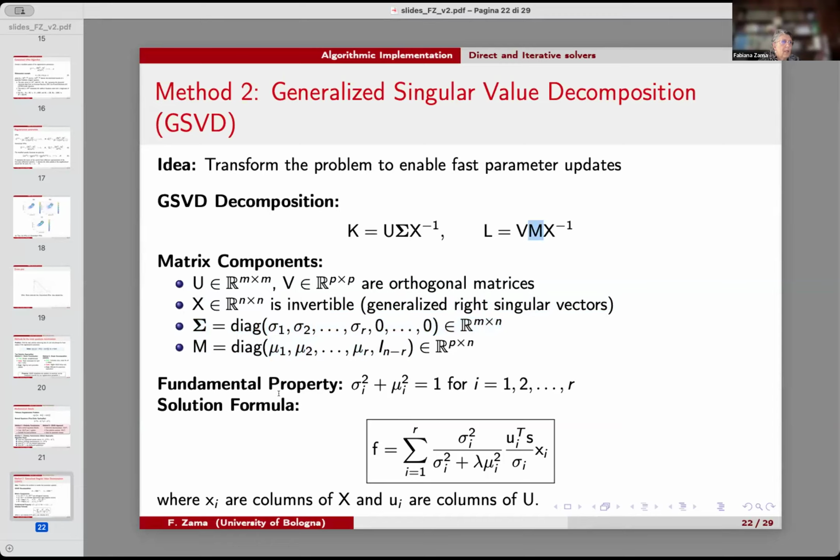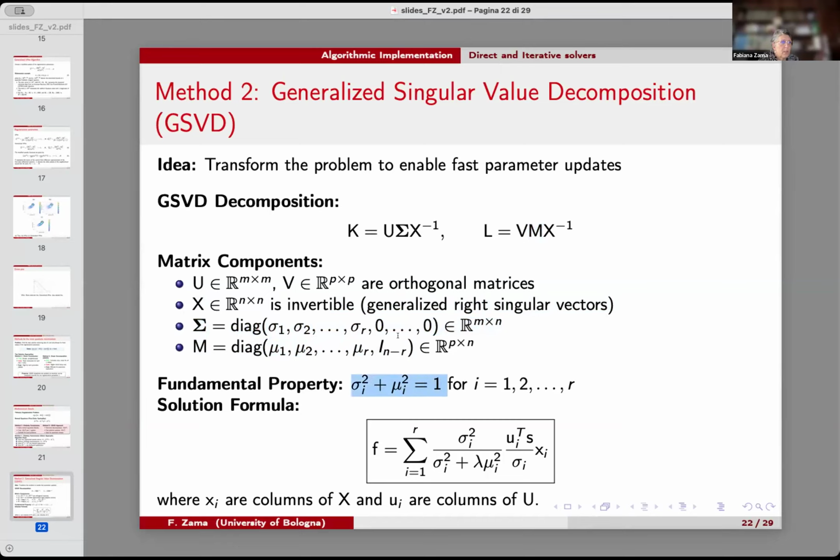Since this decomposition uses only the matrix K and the matrix L, we can compute it only once. This is the fundamental property. This is the reason why we have I here, because when sigma I is equal to 0, at least the smallest components are equal to 1.